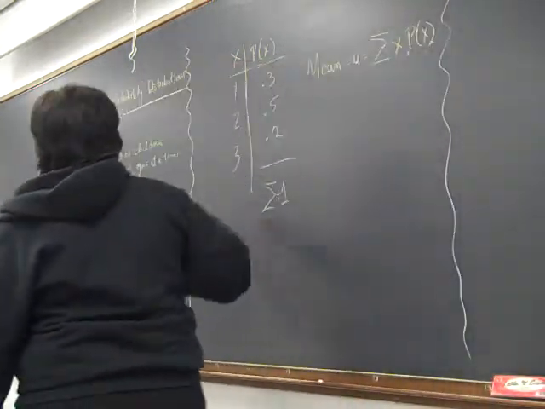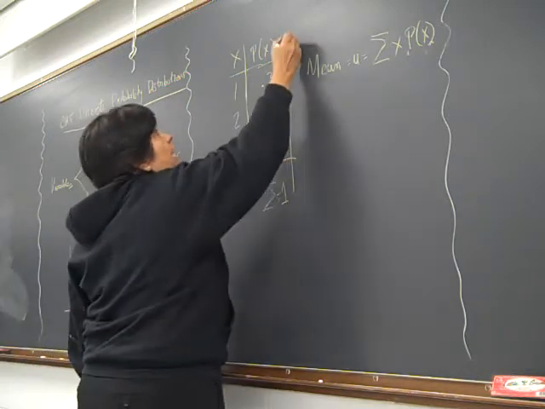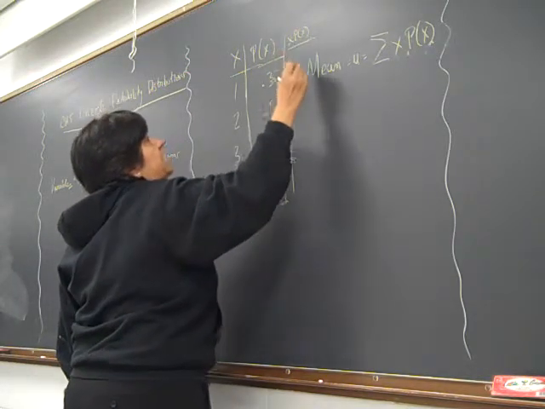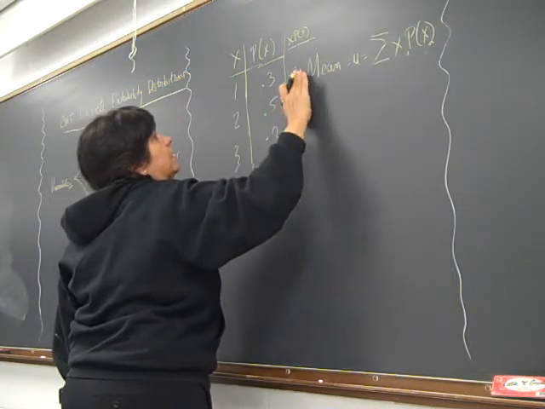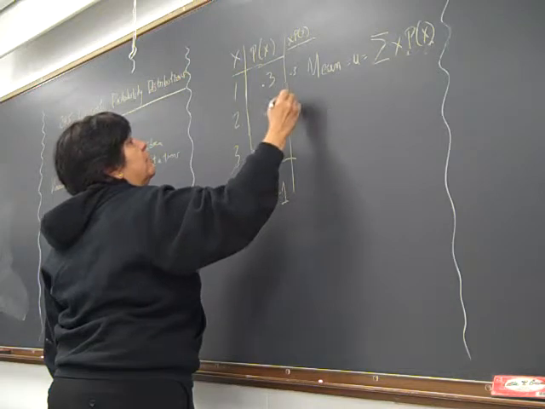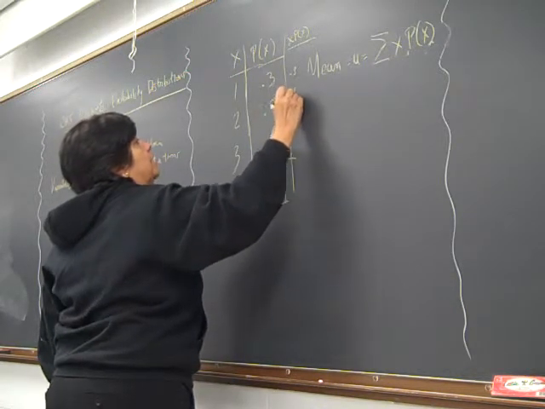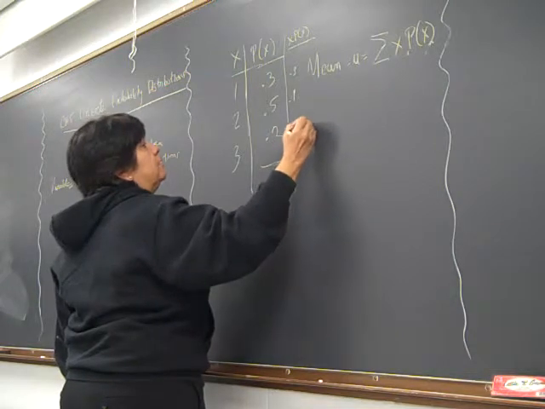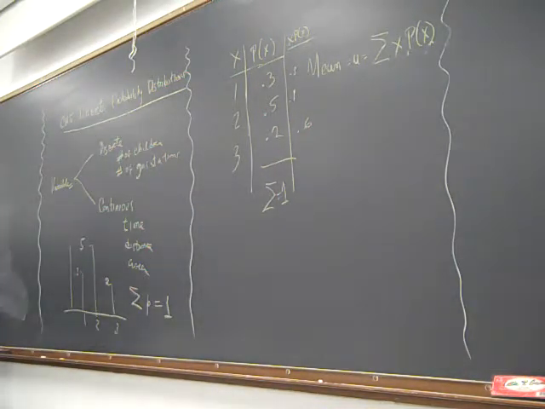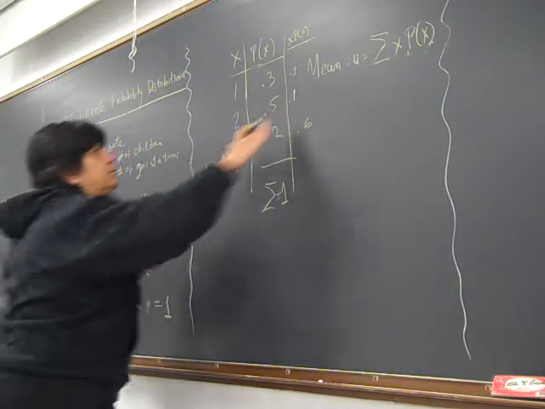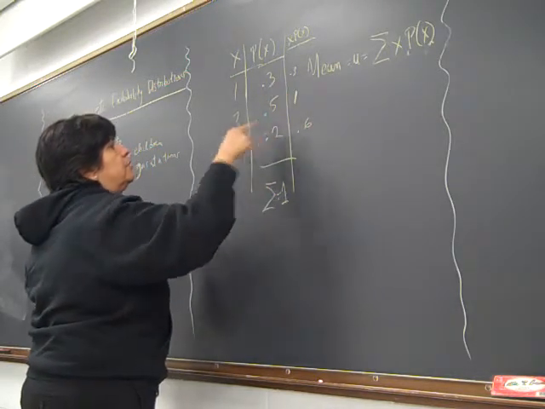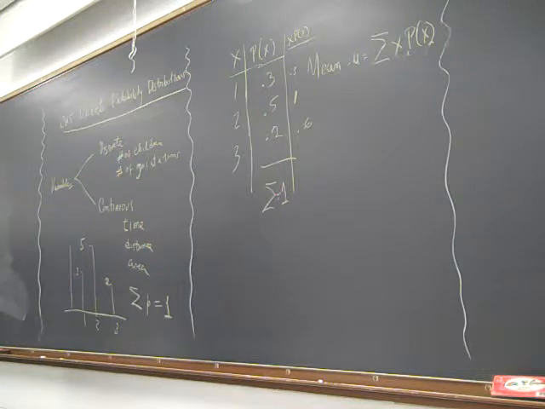What is the mean of this distribution? Well, what you have to do is take x times p of x. In this case it is 0.3, in this case 1, and in this case 0.6.